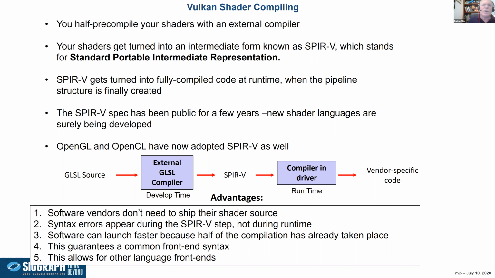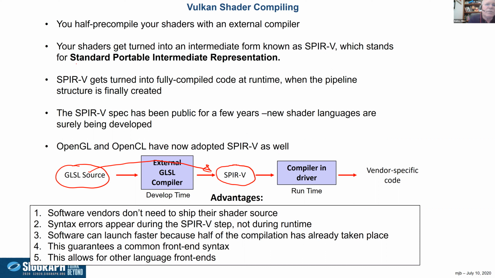Well, okay, so here comes Vulkan, and Vulkan is going to do this a little bit differently. And here's what Vulkan does. As you're doing your development, before you run your program, you take your GLSL source and you run it through an external compiler. And that produces an intermediate format called SPIR-V.